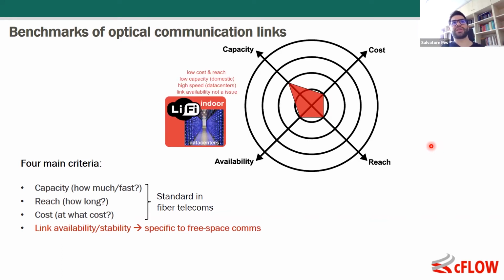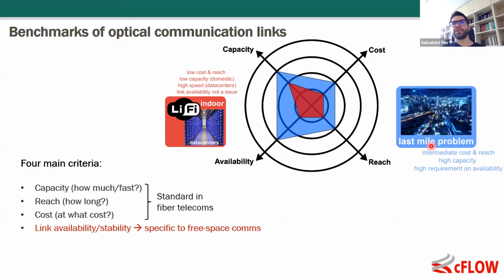For instance, in the case of indoor communication, like LAN or data center, we have low cost and reach, low capacity in the case of domestic links, or high speed for the data center. And the link availability is not an issue, because typically they are on fiber networks.